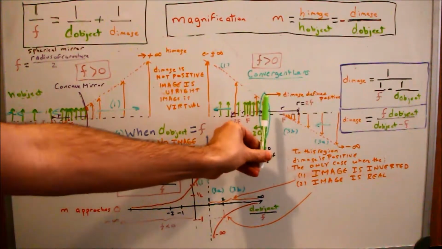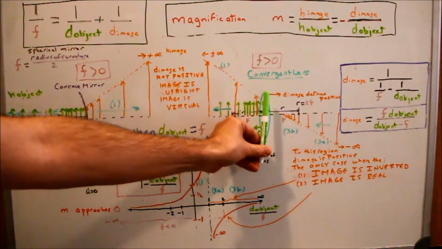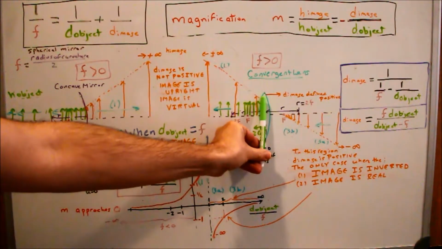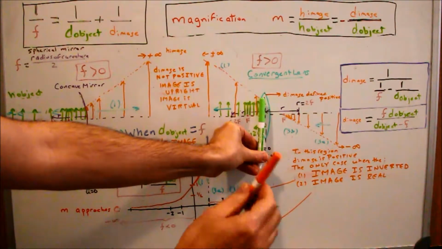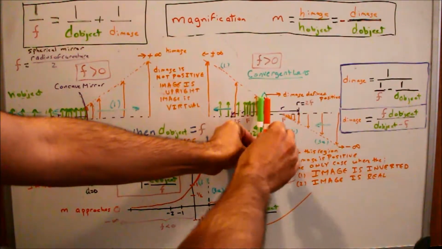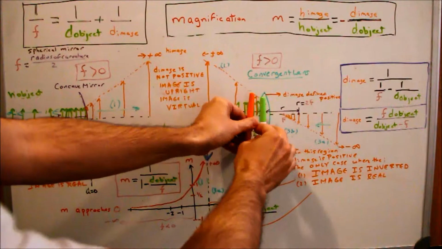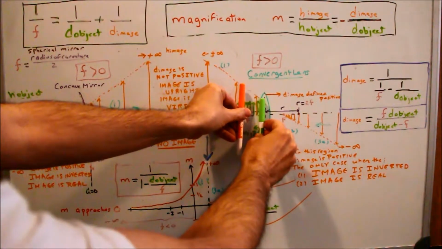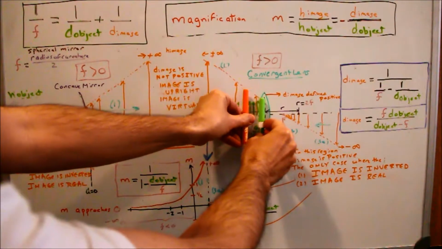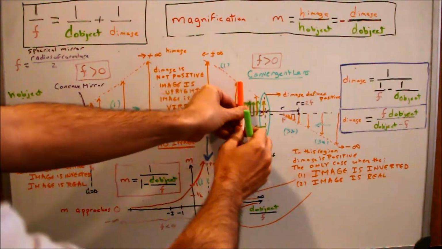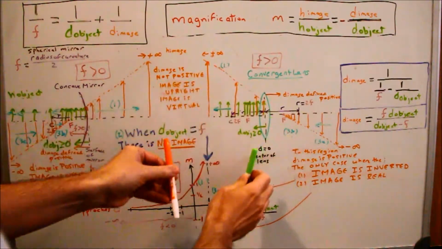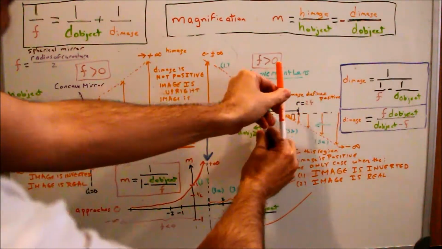So now let's consider this convergent lens. If I start to move my object slowly away from the center of the lens, what would happen? Where do I see that image, and what's its height? Well, I start to see that image get much bigger, and it's moving in the negative direction, because D image is defined positive this way.